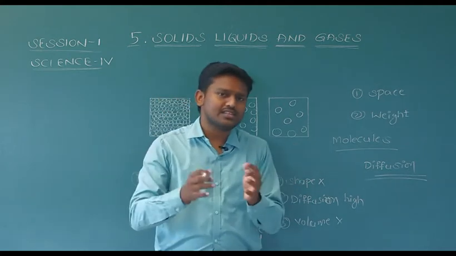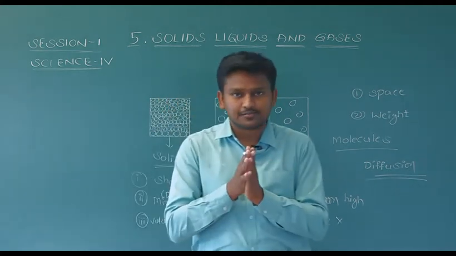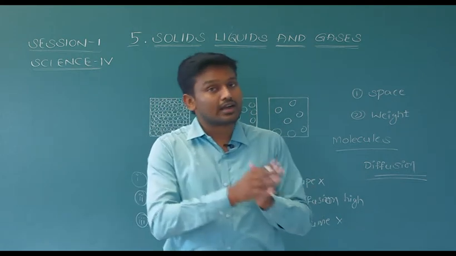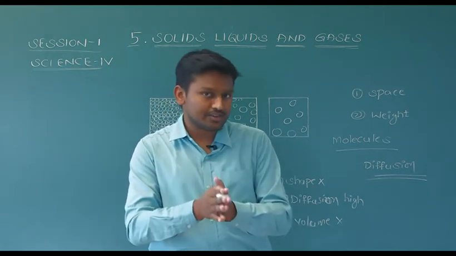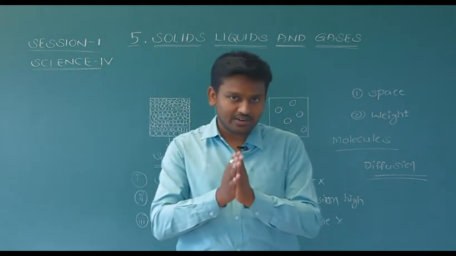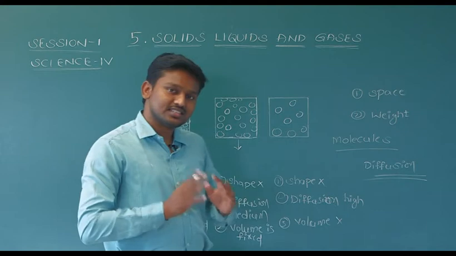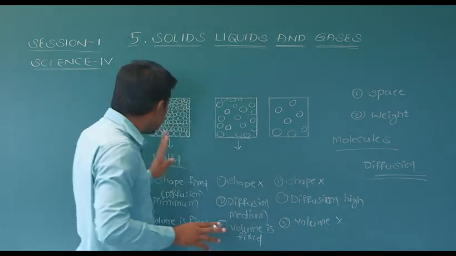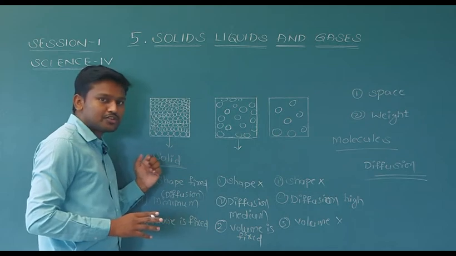So, we can compress gases as much as possible. That is why carbon dioxide gas can be compressed, and after compressing it can be converted into solid state, that is dry gas.